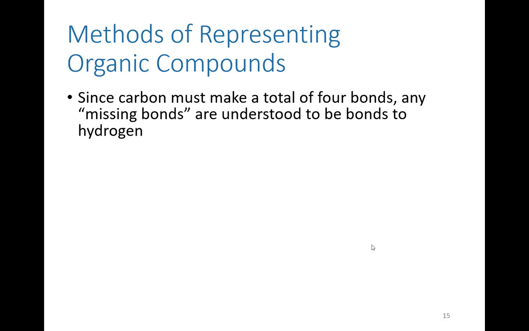Now, to understand this a little bit better, let's go into a little more detail. You saw that the structures didn't show any atomic labels, and it didn't really show any information about those hydrogen atoms. It's understood that since carbon must make 4 bonds, any missing bonds, if we're looking at the number of lines coming out of a point, and they're not adding up to 4, well, anything missing indicates that there must be a hydrogen atom there.